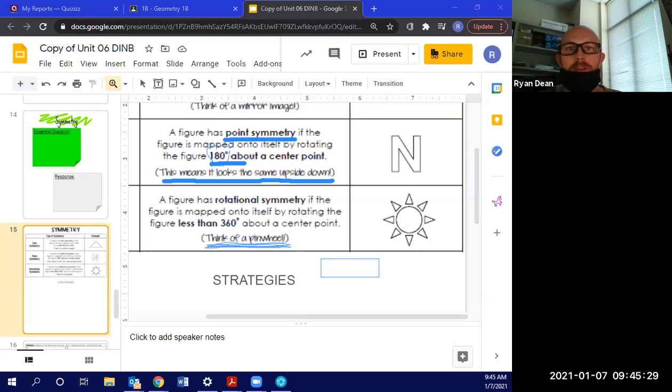If I rotate it, let's say 90 degrees, that's going to give me this picture. It's going to give me something like this, right? Because I took it and rotated it 90 degrees and it gives me this.